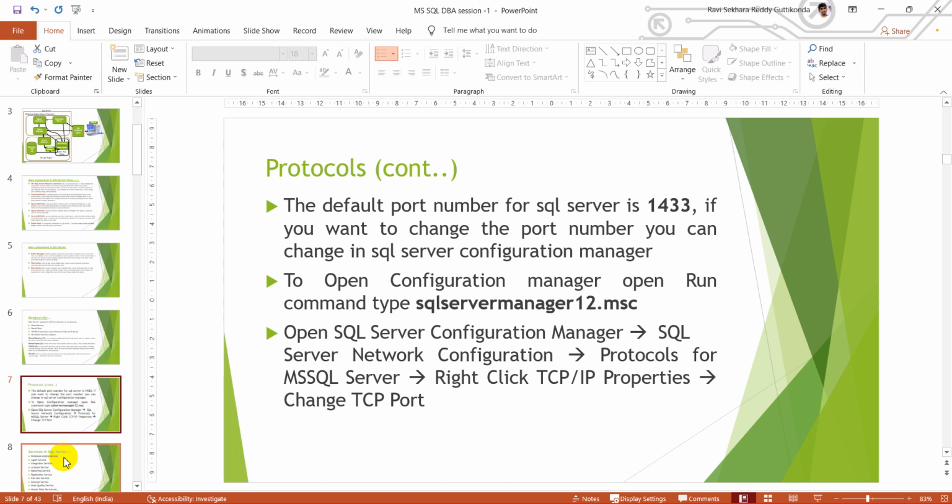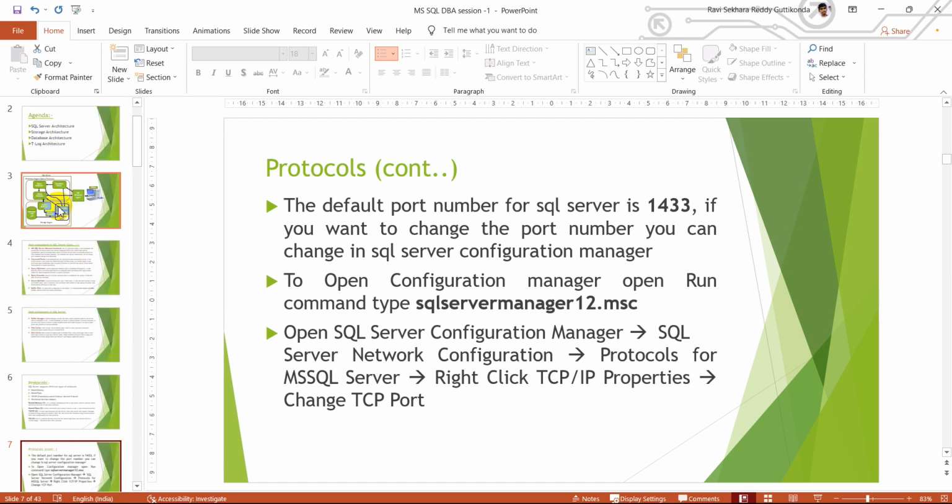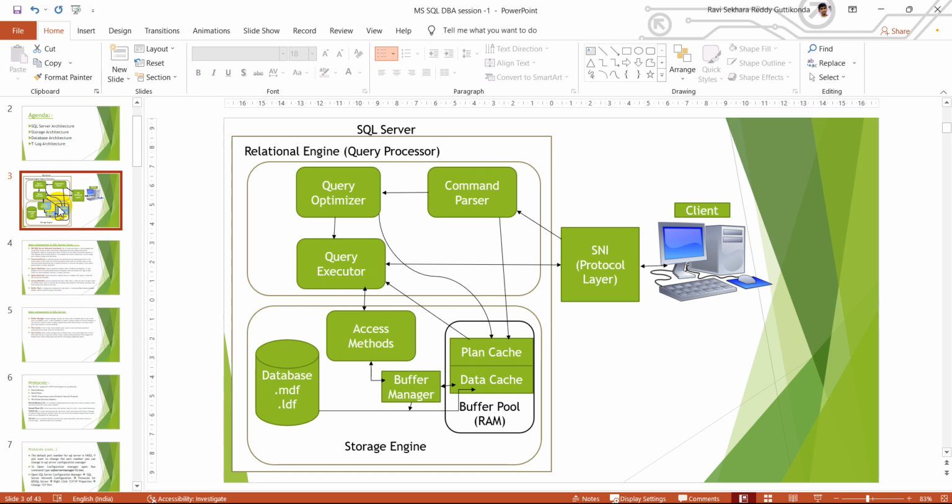Under network configurations, we can see the protocols option. If we select protocols, we can see the list of instances. We select the instance for which we need to change the port number, then select TCP/IP, where at the end we can see the default port number 1433 and where we can change the port number. I hope everyone understands the SQL Server architecture.